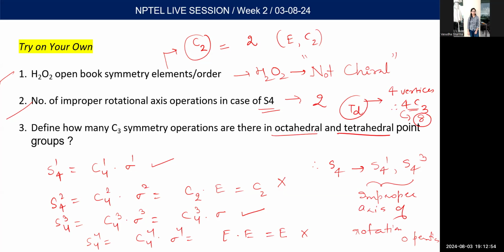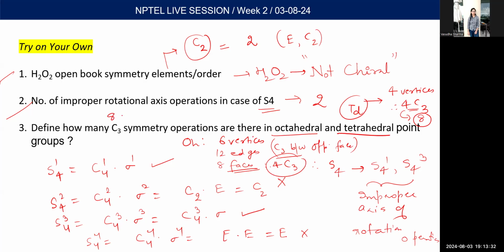In octahedral also, you need to find out the different elements which are present. We have already discussed earlier that in octahedral we have 6 vertices, 12 edges and 8 faces, and C3 goes through between opposite faces. If you just see that, you will get to know. We have 8 faces, so therefore there would be 4 C3s, and each C3 gives you 2.